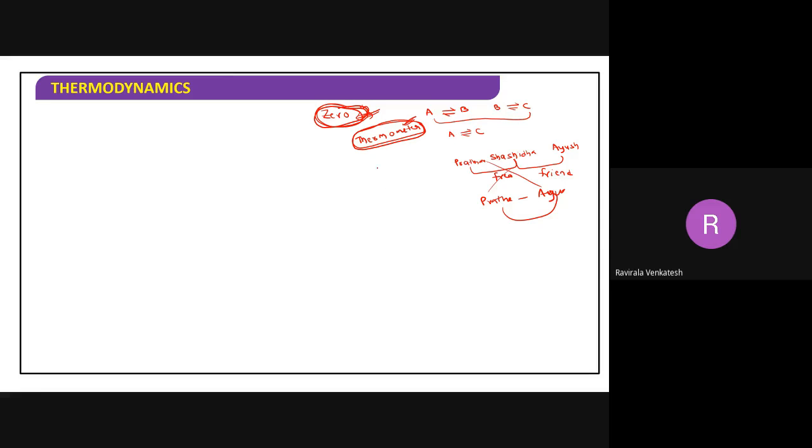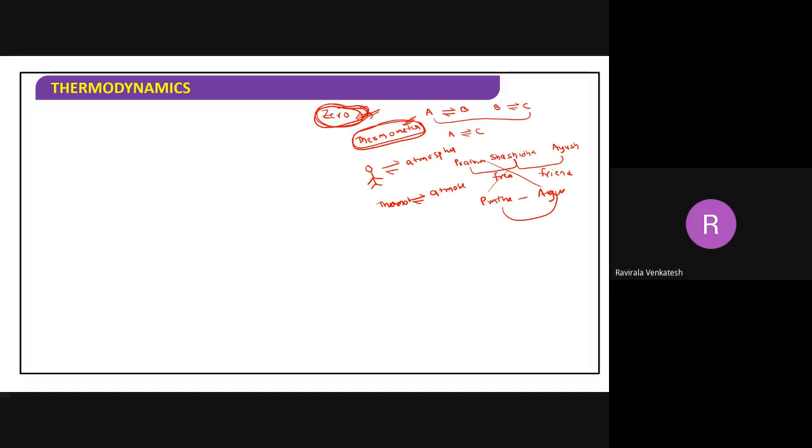How? Let me show here. Now you see, the human being is in equilibrium with the atmosphere, the environment. The thermometer is also in equilibrium with the atmosphere.